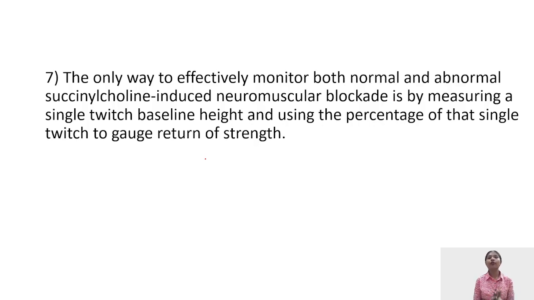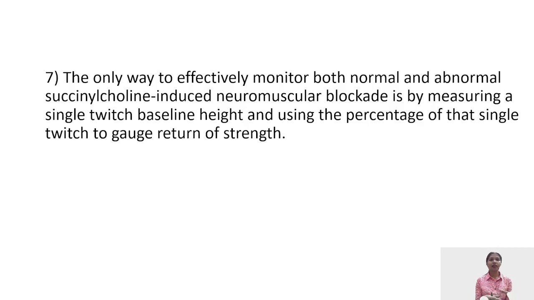Lastly, the only way to effectively monitor both normal and abnormal succinylcholine-induced neuromuscular block is the single twitch, because in none of the others is any fading going to come. Now how is single twitch going to help? We can correlate the ratios.